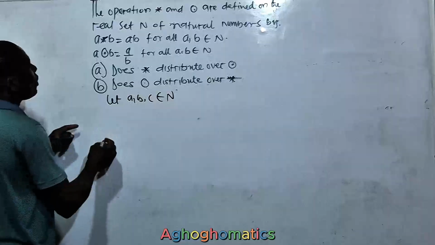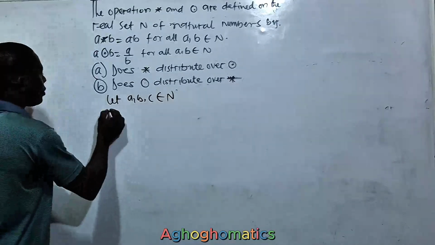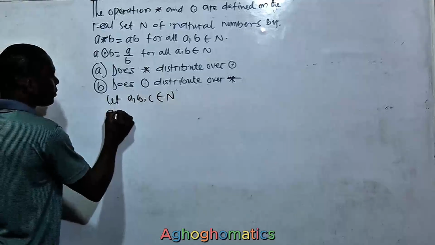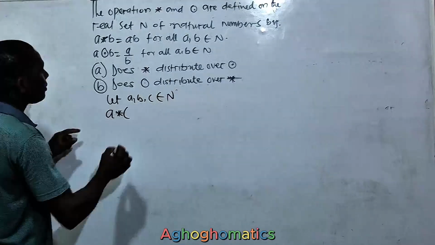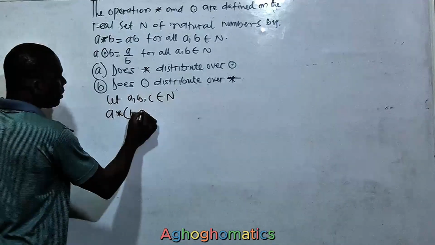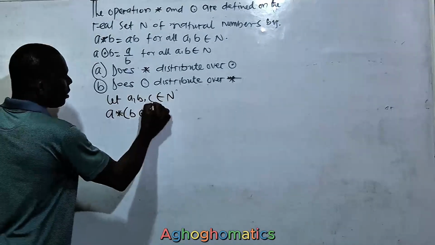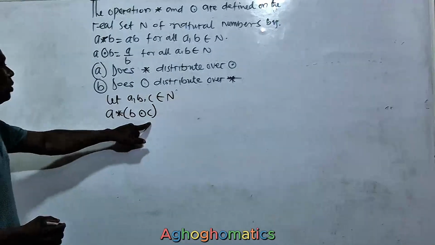We are going to look at whether this operation, which we write as A, is distributive over B on C.